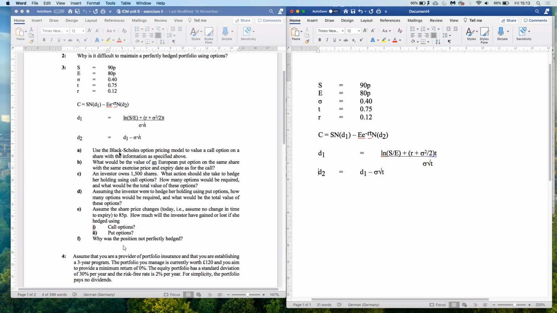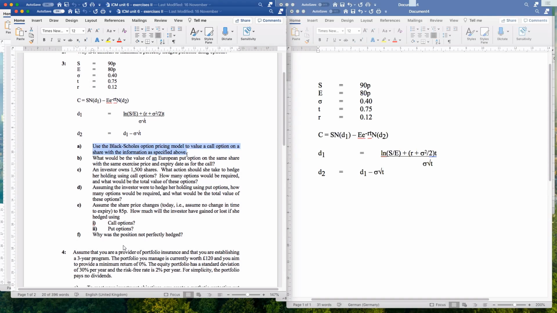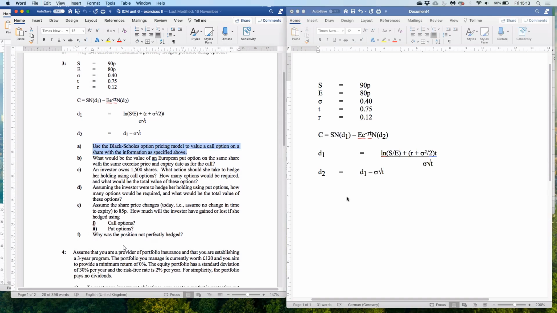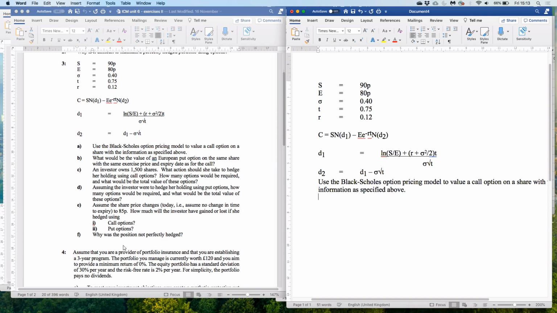Question A: use the Black-Scholes option pricing to value a call option on a share with the information as specified above. So we need to calculate the pricing model of the value of the option with the information here.